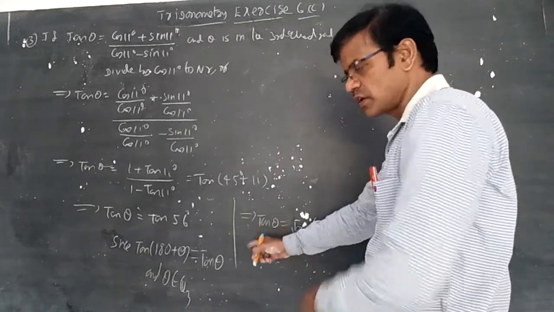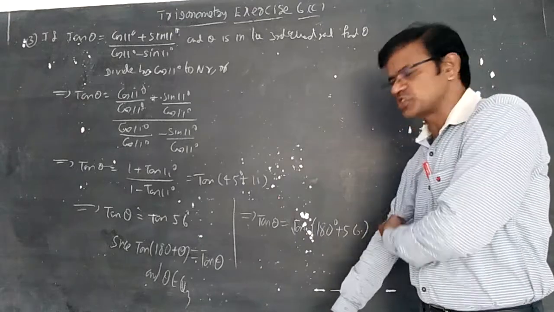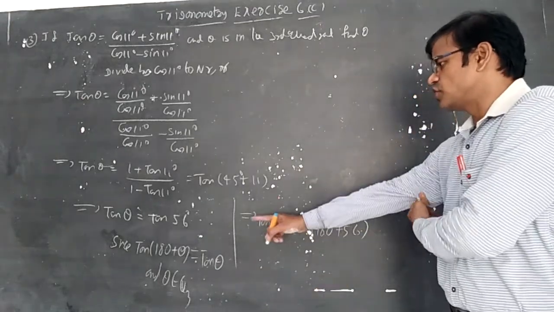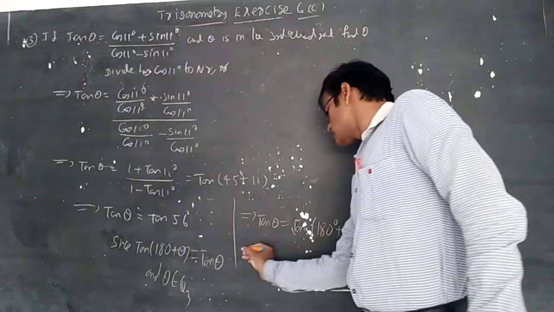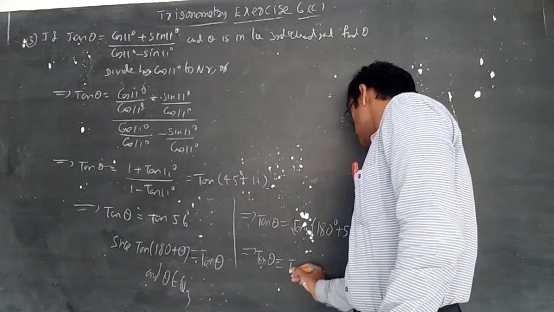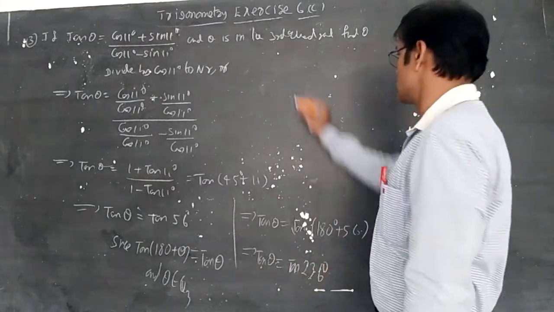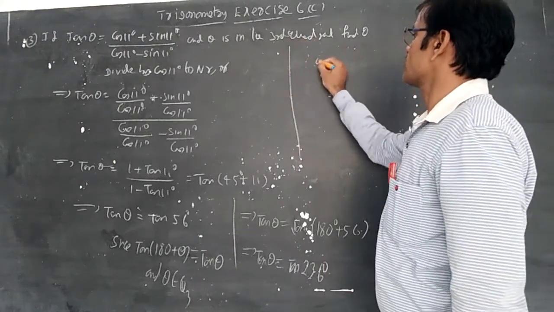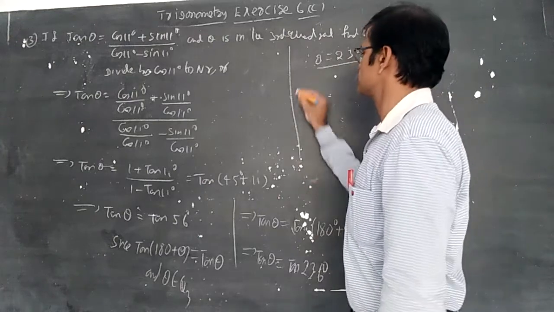If you write it, no problem, there is no change in value. If you need to change the value in degrees, here you should write 180 plus 56. So that implies tan theta is equal to tan 236 degrees. Therefore, the value of theta is equal to 236.